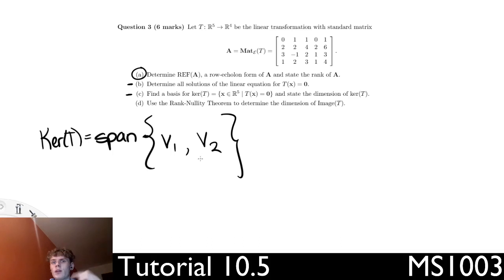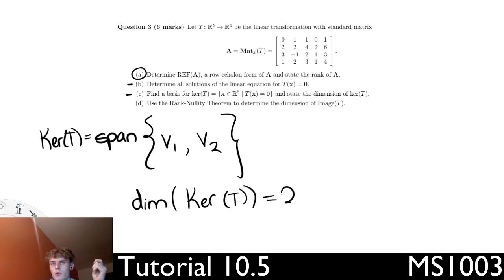If these vectors are linearly independent, then you know that the dimension of the kernel of T is 2. The dimension is just the number of vectors that you need to take the span of to get it.